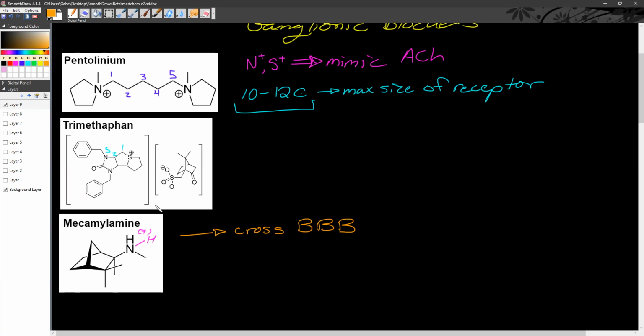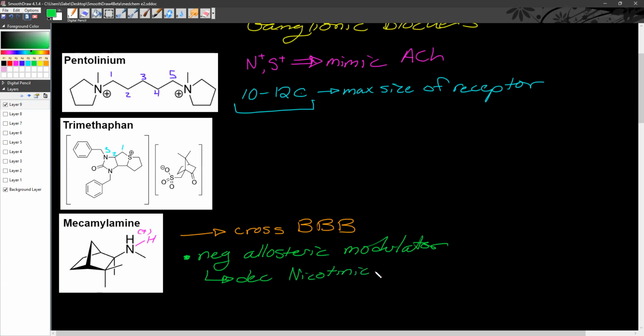The really interesting thing to know about mecalamine is that it doesn't sit in the receptor, but is a negative allosteric modulator. Essentially, it's going to decrease nicotinic output. Where would we want to decrease nicotinic stimulation?